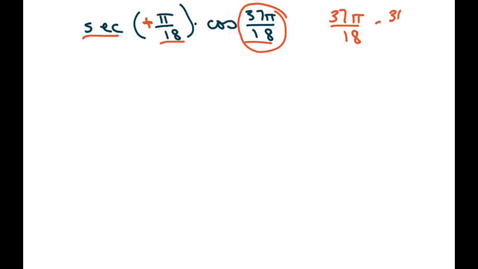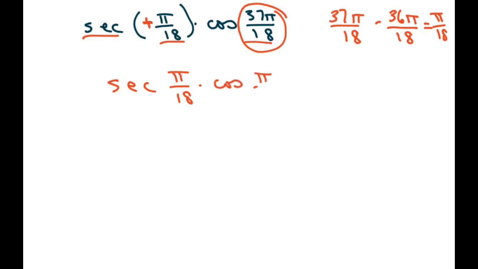And 2 pi, with 18, would be 36 pi over 18. That gives you pi over 18. So now I can write this as secant of pi over 18 times cosine of pi over 18.